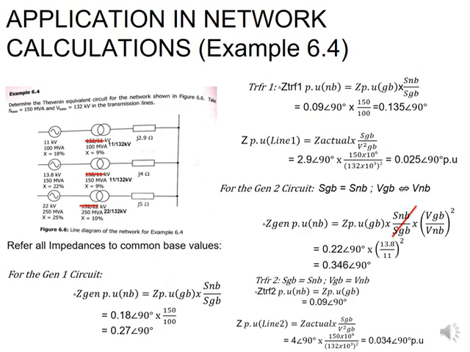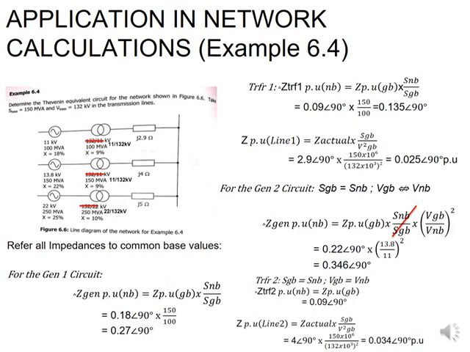That's why you see me crossing it out. I then work out my generator there. And remember, your generator's given voltage is 13.8, but your new base is the 11. Where does the 11 come from? It's the transformer voltage. It becomes my new base. So then I get an answer there.